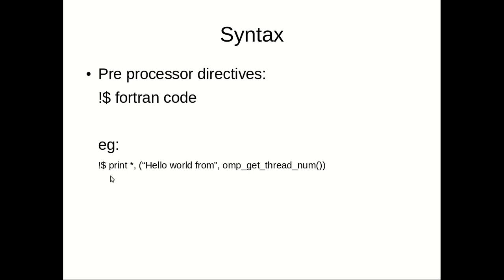For instance, this command over here, print hello world from OpenMP get thread num, is actually a normal command. Just by putting an exclamation dollar sign in the front, it becomes a preprocessor directive. Now the advantage of this is that when you run this command in serial mode, because of this exclamation sign in the front, this line will be taken as a comment and it will be ignored.